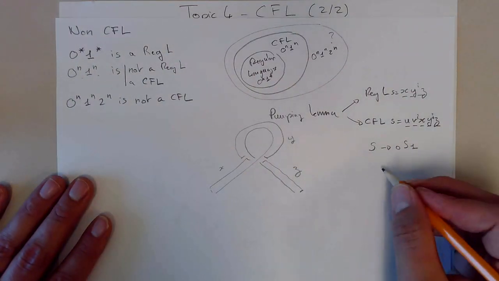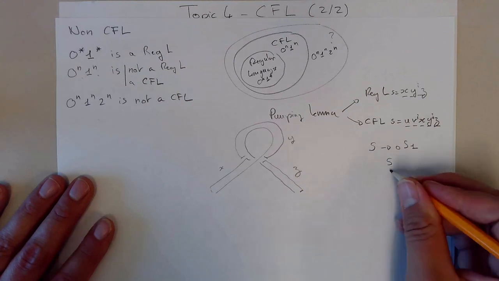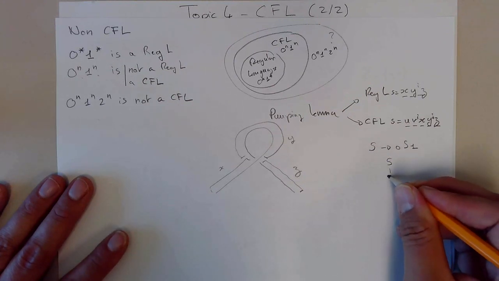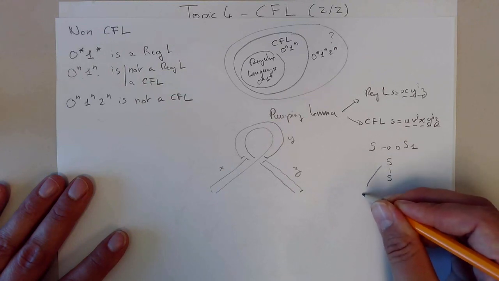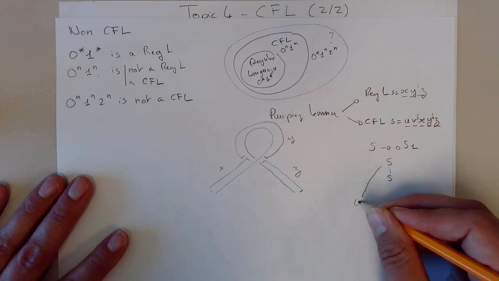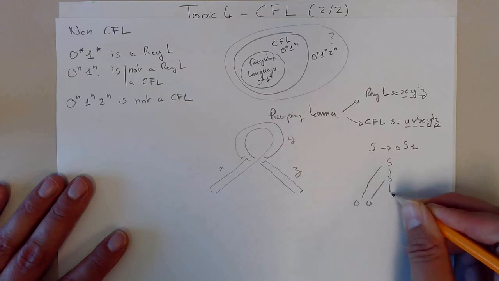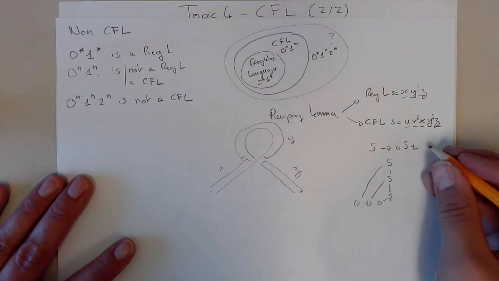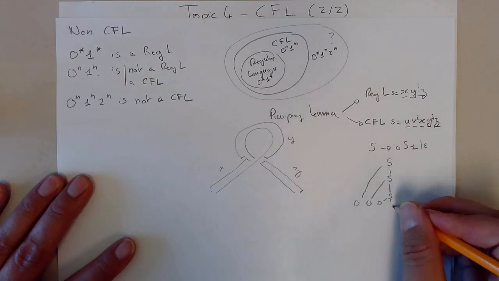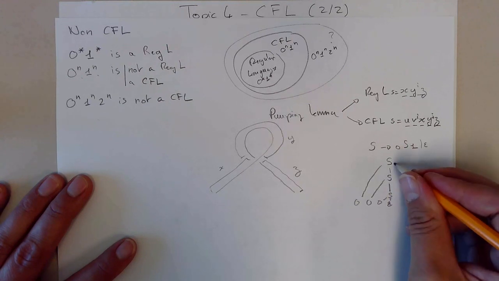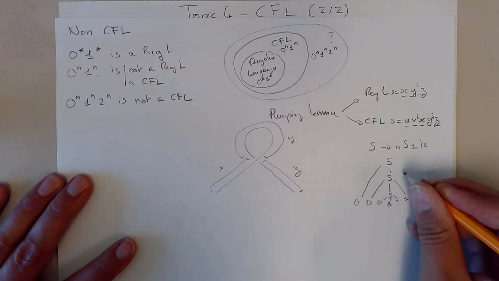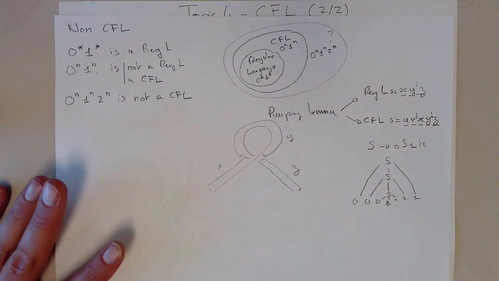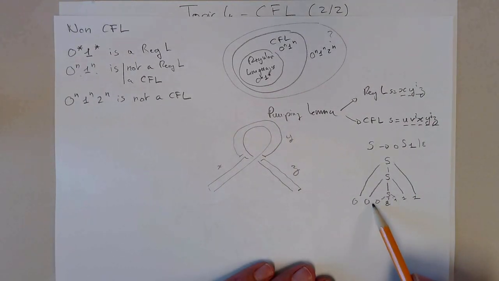From that, if you build the parse tree, you would have something like that: 0, 0, 0, and then, let's assume you can do epsilon, and then 1, 1, 1. So you always have a kind of threefold pattern in the middle.